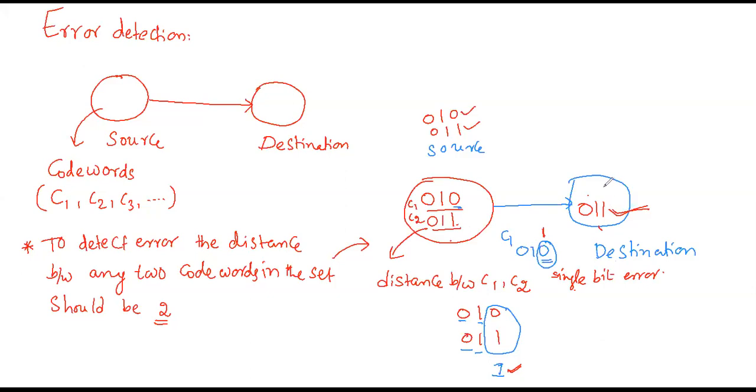If you see a new code word at the destination that is not present in the source, then you consider it an error. But if it is not a new code word and already exists in the source, there is no error.